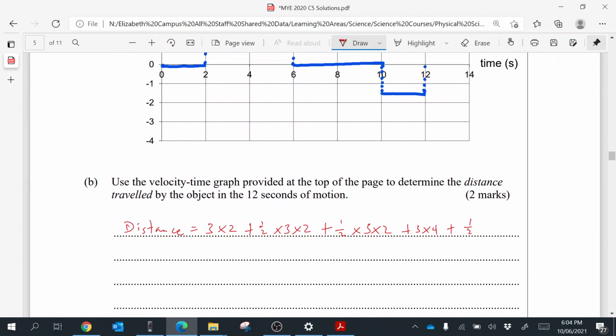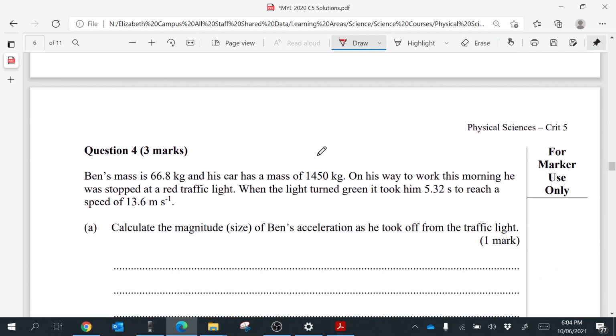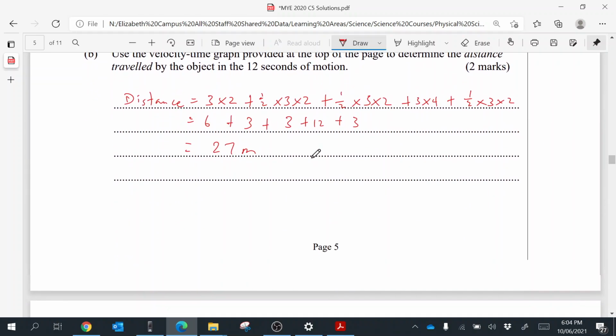You can put this in the calculator if you like, or we can just say it's equal to 6 plus 3 plus 3 plus 12 plus 3, and that's equal to 27. Okay, 27 meters. That's the distance, so that's not too bad. That's question 3. Question 4 will be in the next video.